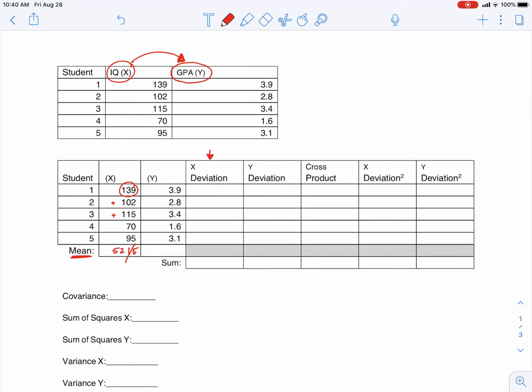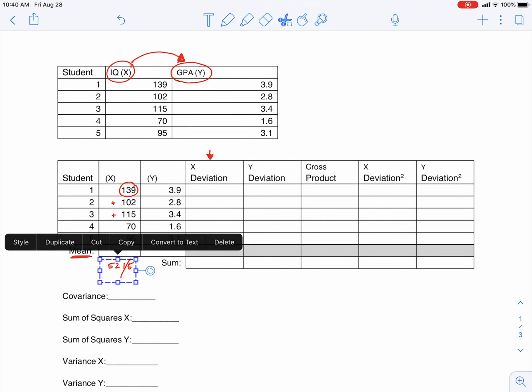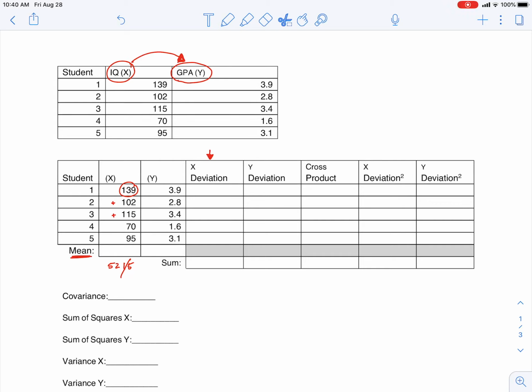So, in fact, here, let me move that down just a little bit. 521 divided by 5, which should give us, let's see if I can do this in my head, 104.2. Now that might be right, might be wrong, double check it, but that's me doing it in my head right there. So you want to add those all up, divide them by the total number.